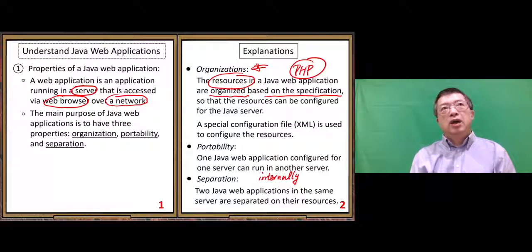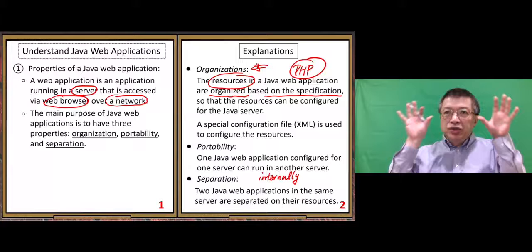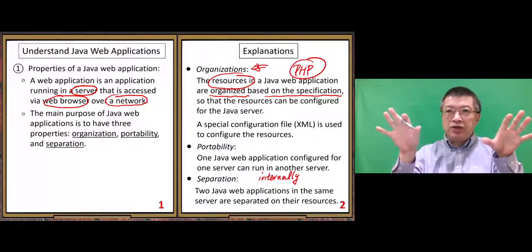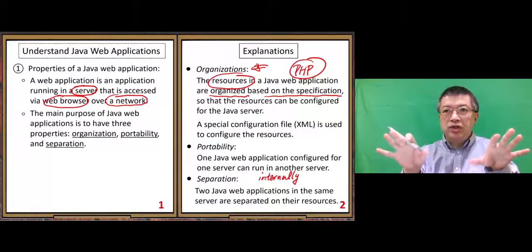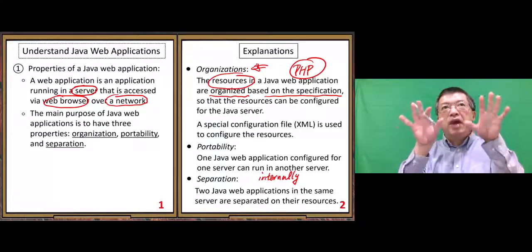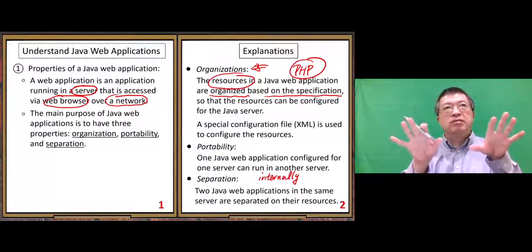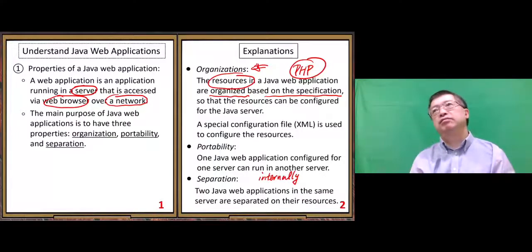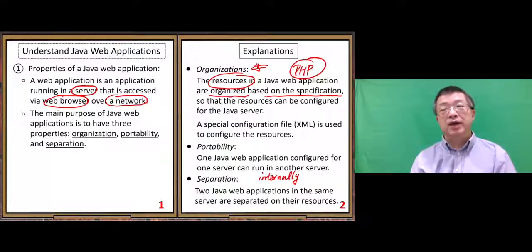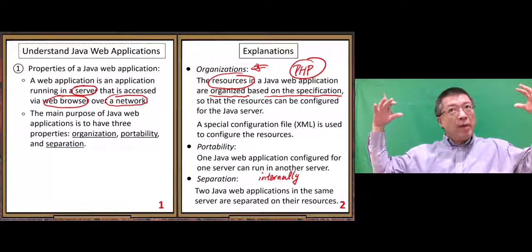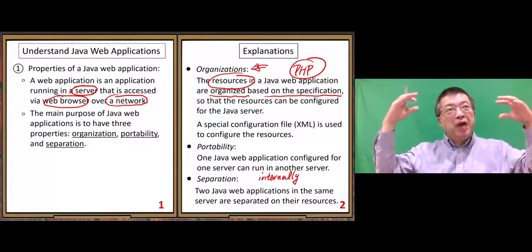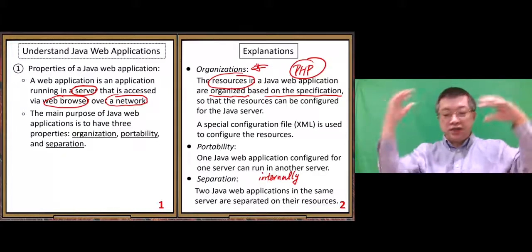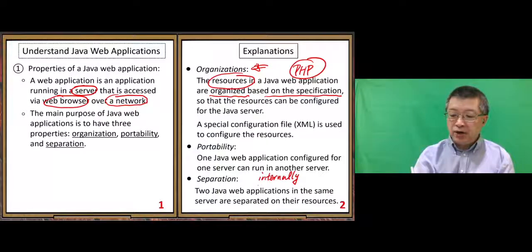In other words, although those two Java web applications are deployed on the same server, they are treated as if deployed on different servers. That's the meaning of separation. You can access each other, but you have to use an external way to access.